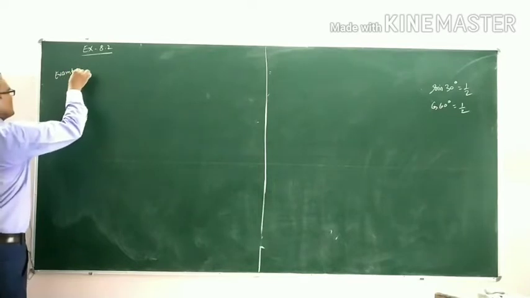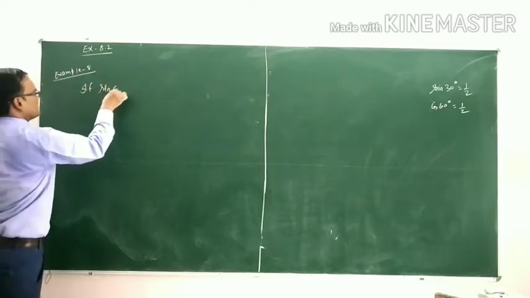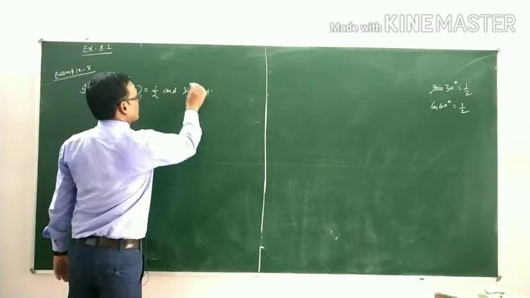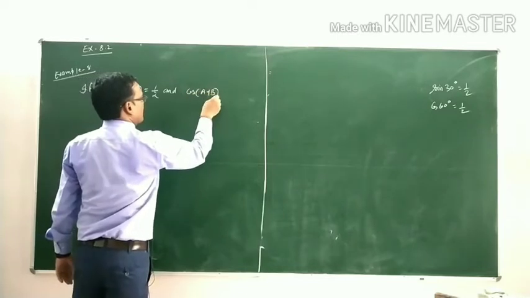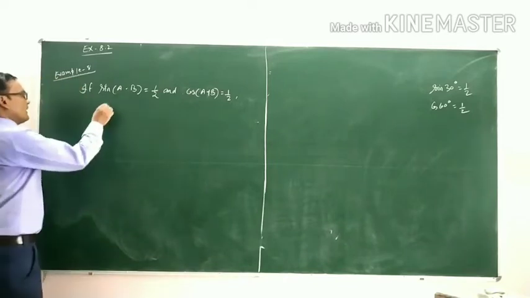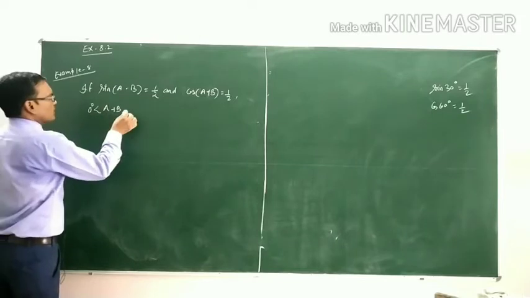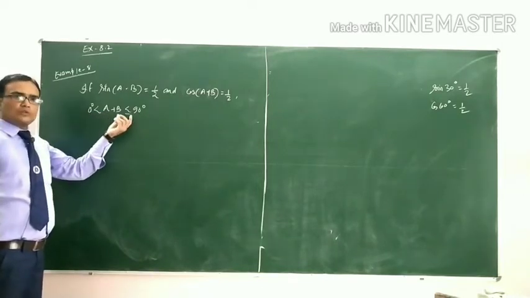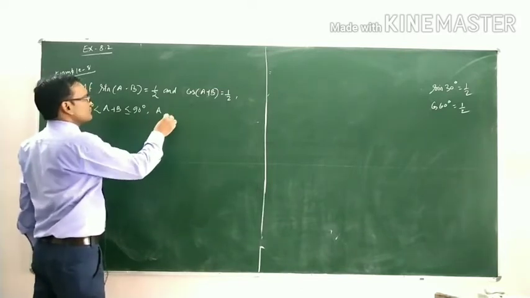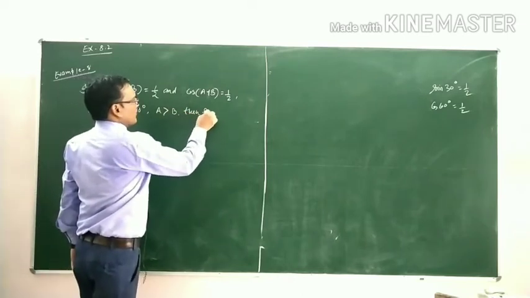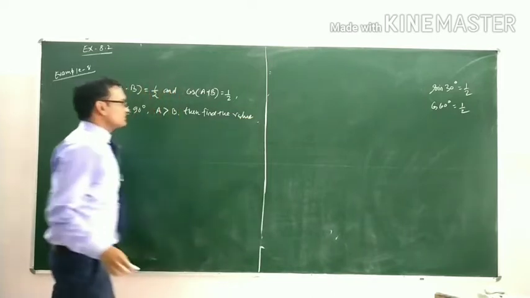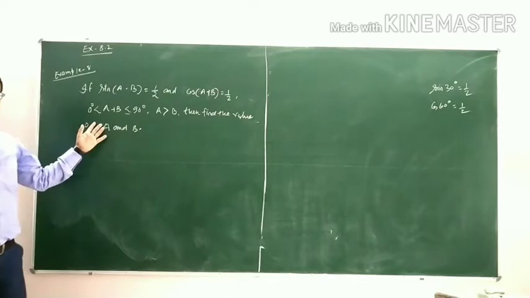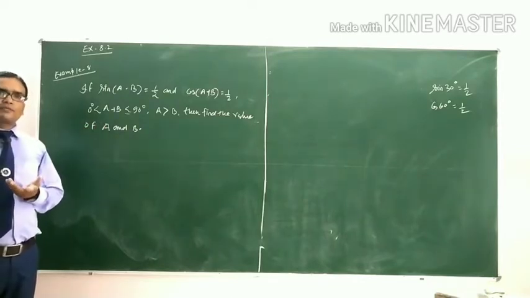Example number 8: If sin(A - B) equals 1 by 2 and cos(A + B) equals 1 by 2, A + B lies between 0 and 90 degrees, that means A + B is greater than 0 and less than or equal to 90, and A is greater than B, then find the value of A and B. This question is like question number 3 of exercise 8.2.